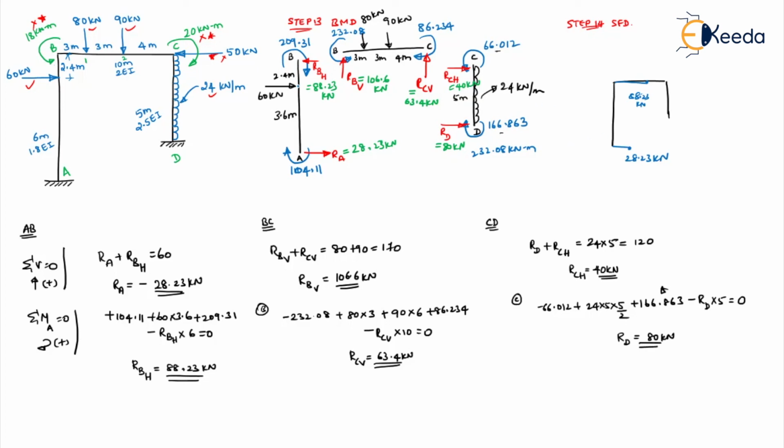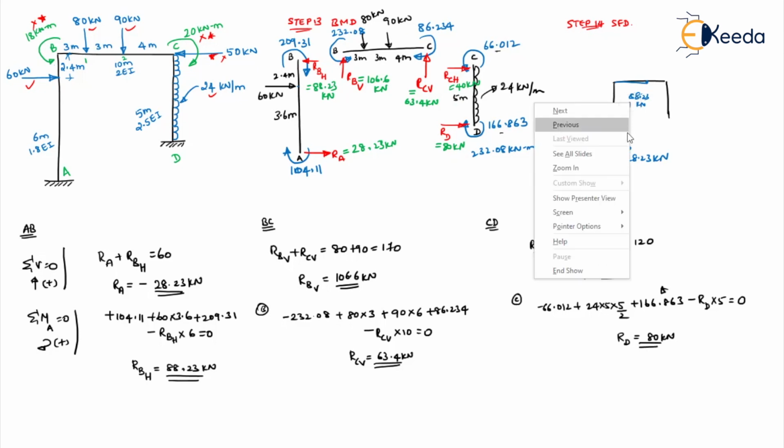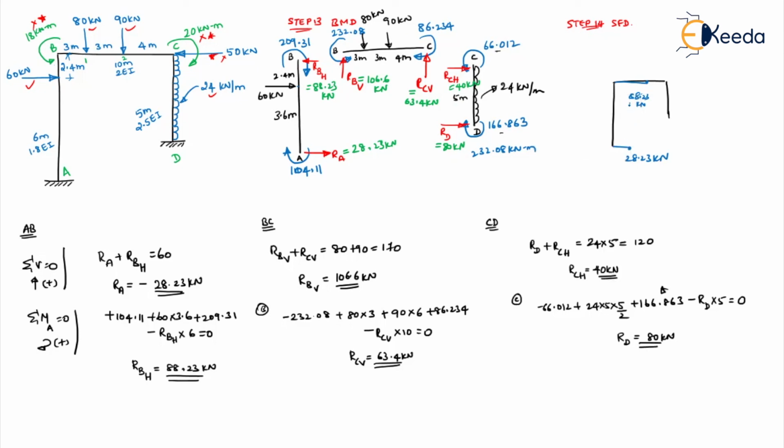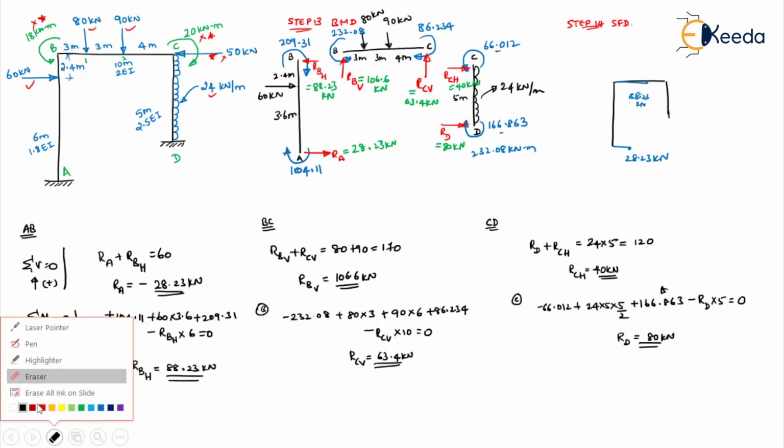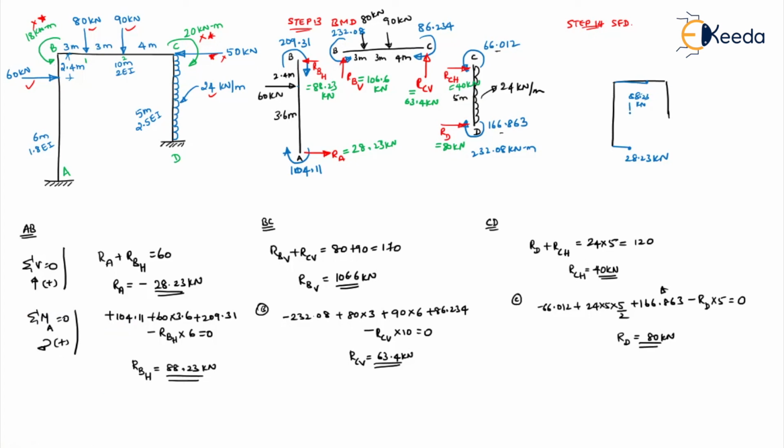Now be very careful. Up to this point, you should be having the same shear force, right? So it will be a linear straight line like this, up to that point. Then what will happen?